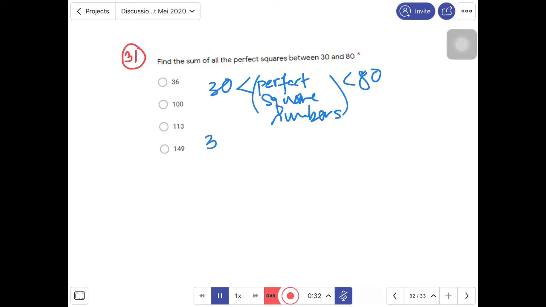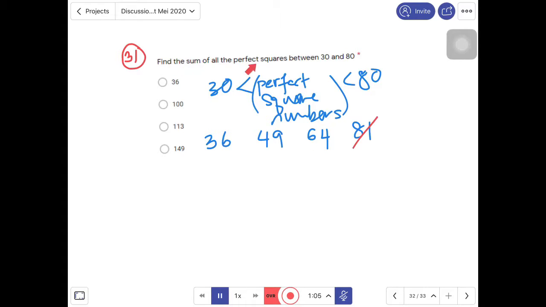We have 36, and then we have 49, 64, 81, but 81 is more than 80, so we cannot take 81. So here we only have the perfect square numbers that lie between 30 and 80 are 36, 49, and 64.